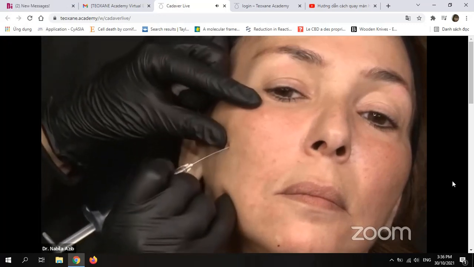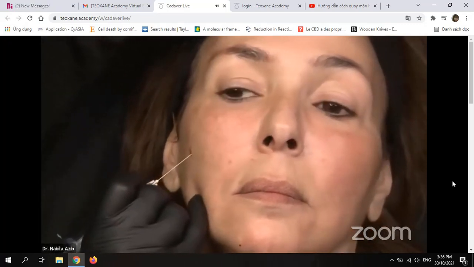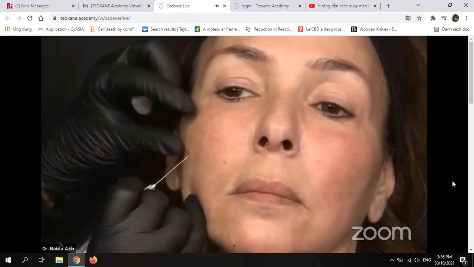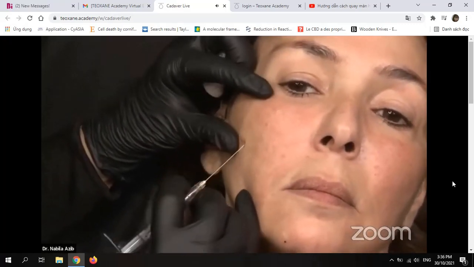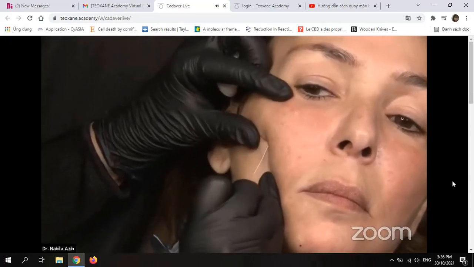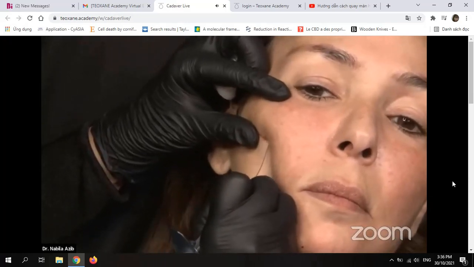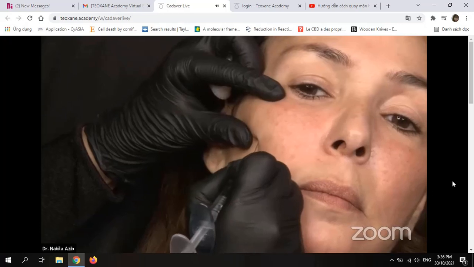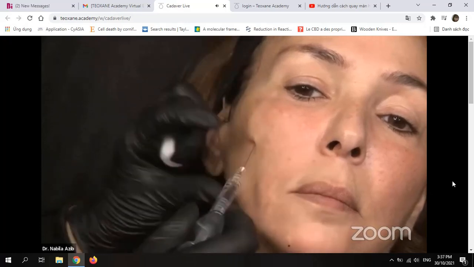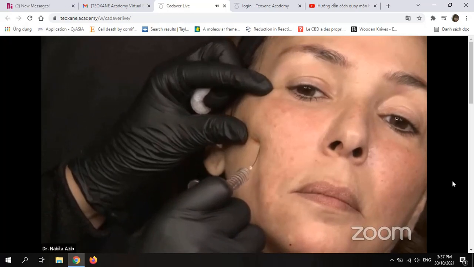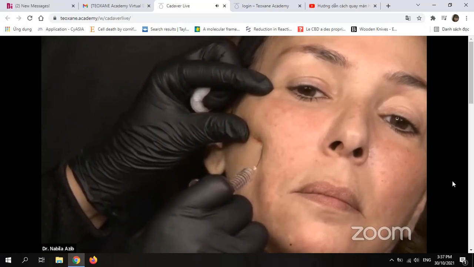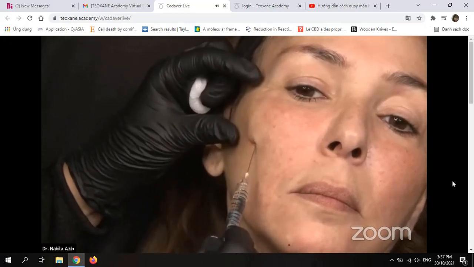So I change the angle, and to remember that we need to enhance a little bit the lateral cheekbones, first to lift the jaw, but also to correct the asymmetry. So now I will go on the lateral cheekbone with some small boluses of Teosyal Ultra Deep here, 0.1.